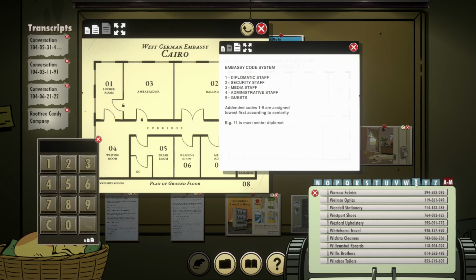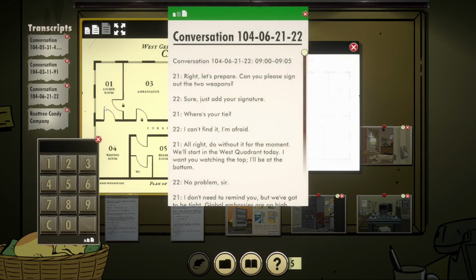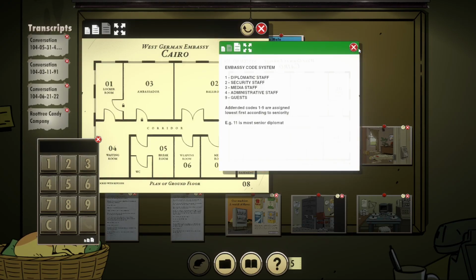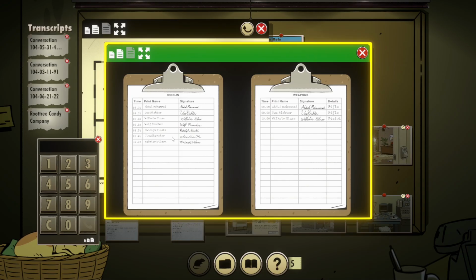Oh, optics. Every letter has an optics. Let me see.